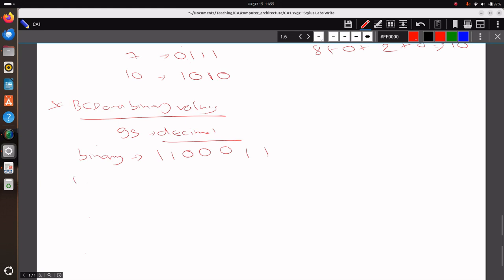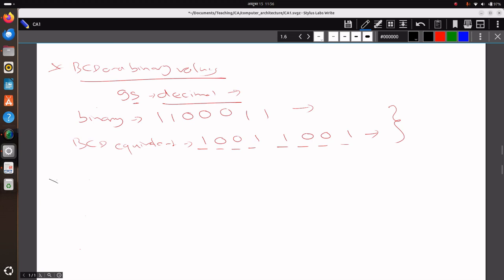But the BCD equivalent, where we take 4 bits to represent a digit, will have 8 bits here, which means the first 9 will be represented as 1 0 0 1 and the second 9 will be represented as 1 0 0 1. So you see the binary as well as the BCD values are not the same for a particular number, but they are different in terms of their representations.